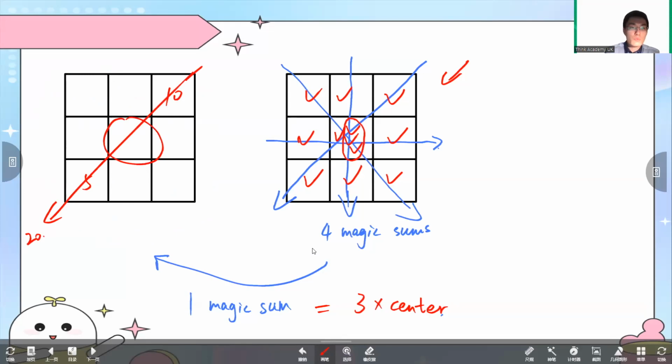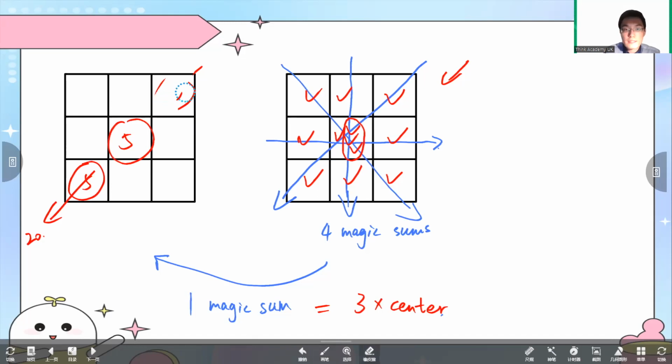Then obviously, the center number will be 5. But you see, one number plus the 2 other numbers on the diagonal plus the one in the center will give us the magic sum.